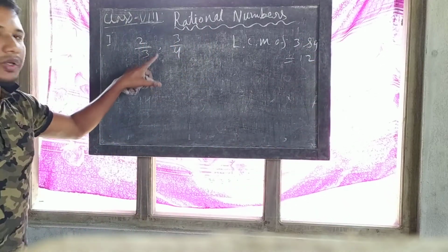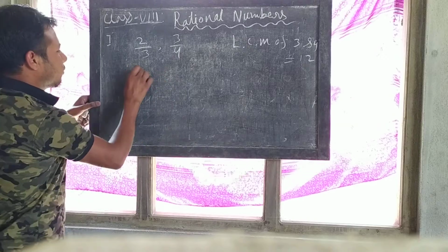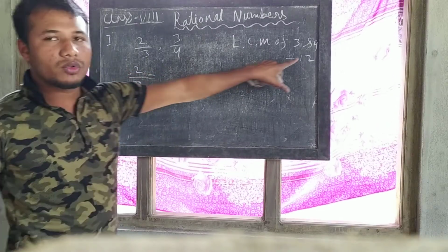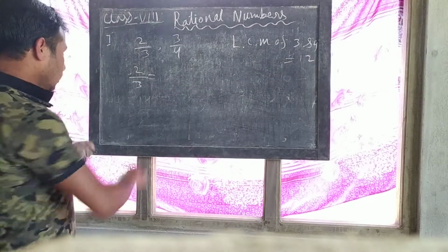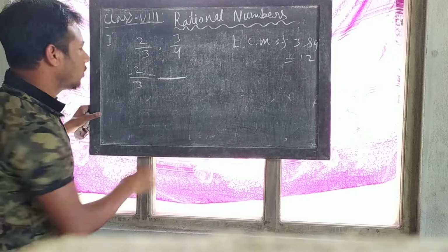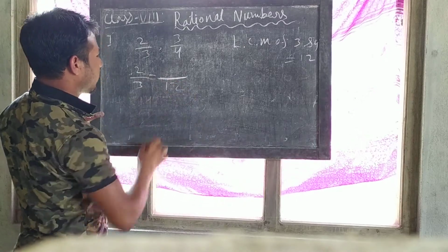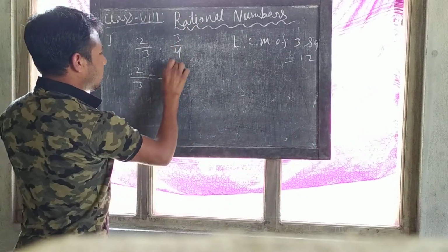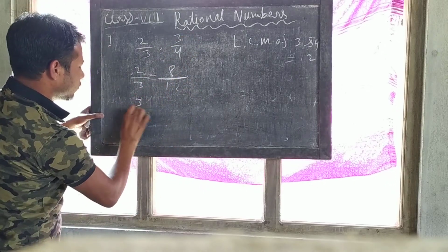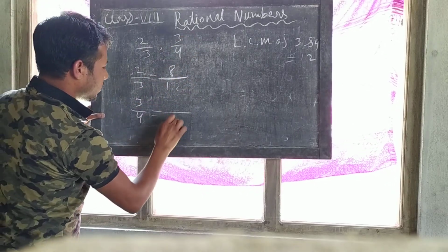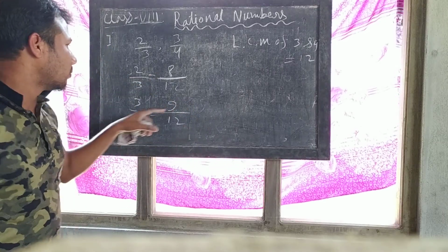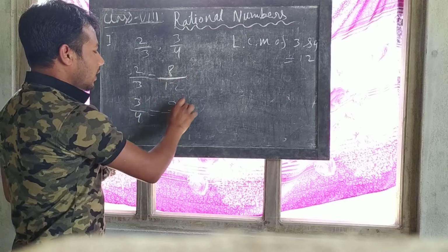First we have to equate their denominators. 2 by 3, if we equate to the LCM, we have to multiply both the numerator and denominator by 4, and it will be 8 by 12. And 3 by 4 will be 9 by 12. Now see, both denominators are the same, but the numerators are 8 and 9.